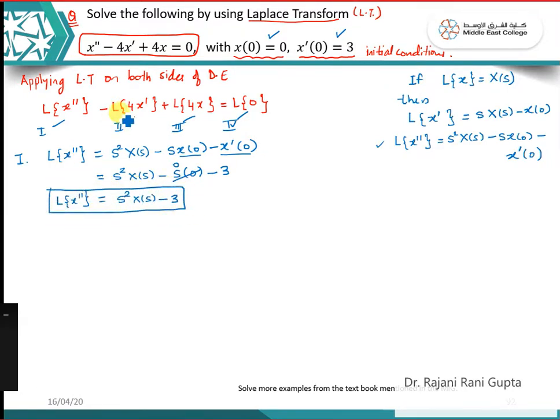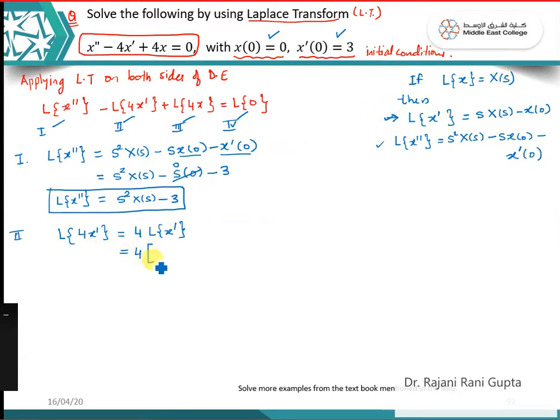Now we'll find the second term, Laplace of 4x dash. As 4 is a constant, we can take it outside. We can write 4 times Laplace of x dash, which means we are going to make use of this rule.